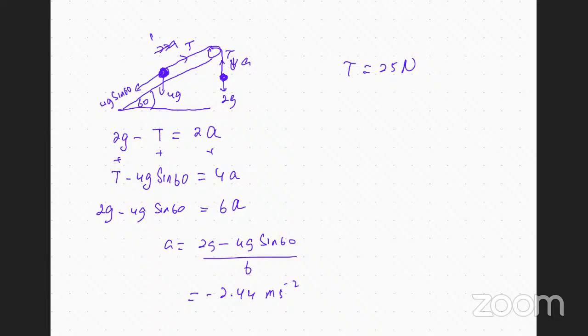Yeah? Okay. So those are Newton's laws, and those are as easy and as hard as it comes. All right, so those are your Newton's laws.